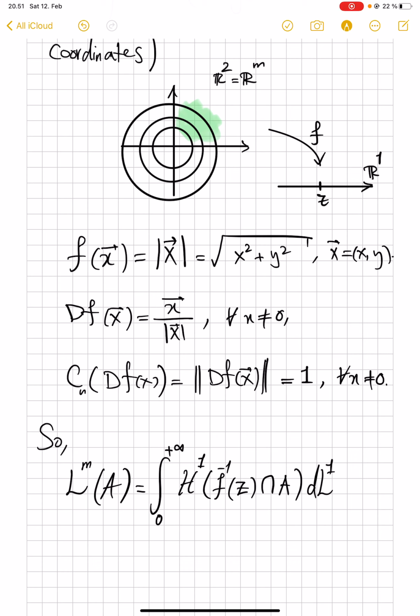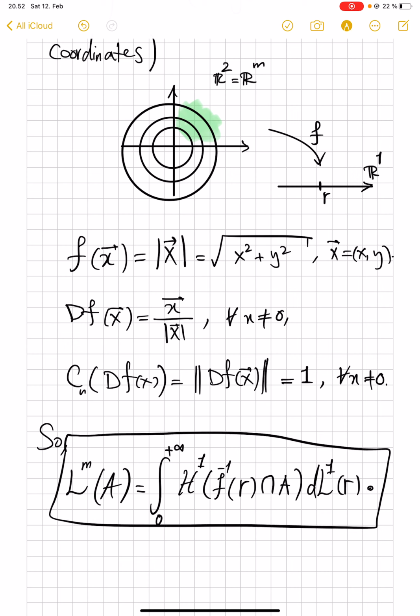So z and the fiber above it. But it's just better notation to switch to r, because this image of f is exactly the radius of the circle. So that we know from the Coarea formula.